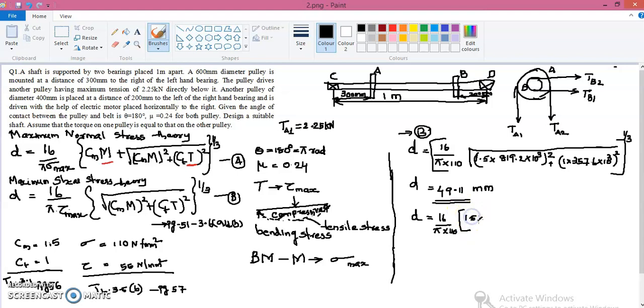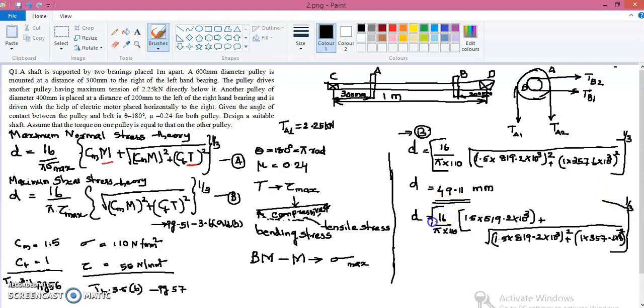CM is equal to 1.5 into M, that is 819.2 into 10 raised to 3, plus the square root value, that is CM, 1.5 into 819.2 into 10 raised to 3, the whole raised to 2, plus 1 into 357.6 into 10 raised to 3, the whole squared, the whole thing raised to 1 by 3.